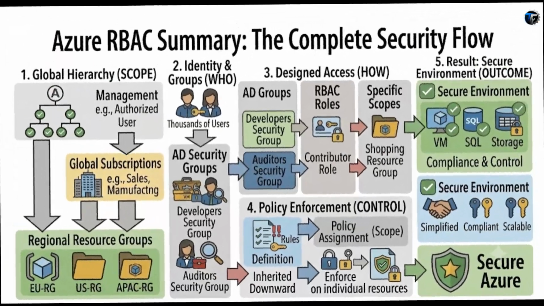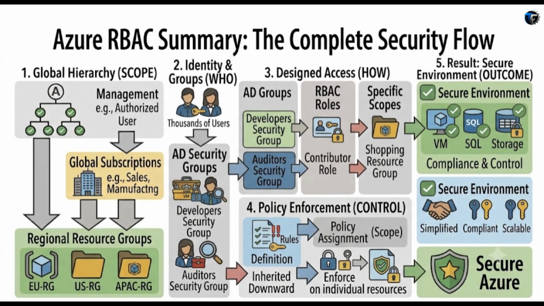Let's summarize. RBAC ensures that every person receives only the permissions required to perform their work. It improves security, simplifies management, and forms the foundation of enterprise Azure governance. Without RBAC, cloud security becomes impossible to manage.